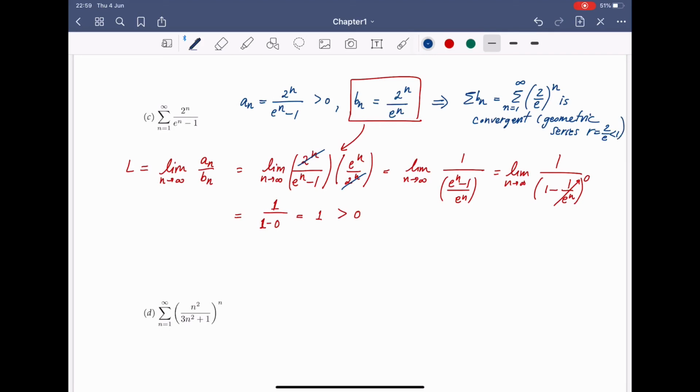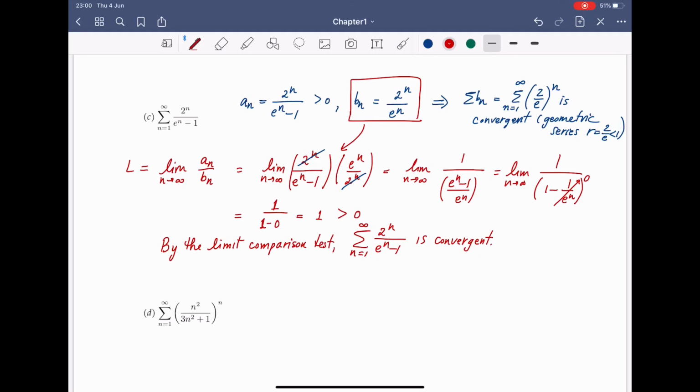So this is convergent. To conclude, you can say that by the limit comparison test, the summation of 2 to the n over e to the n minus 1 is convergent as well, because the result must be the same as the summation of b_n.